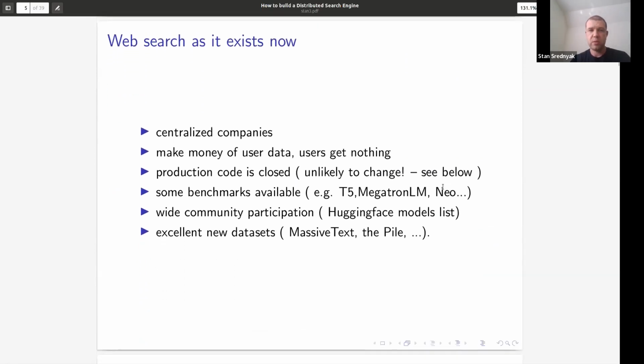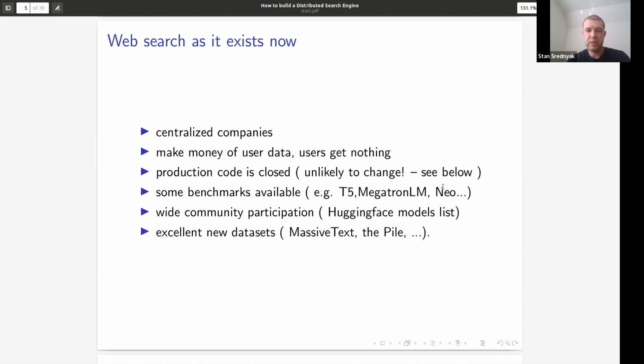As you know, there are transformative changes happening in the web search business now. Nonetheless, let me try to summarize what search looks like nowadays. Search is a very competitive business, and it's very centralized.